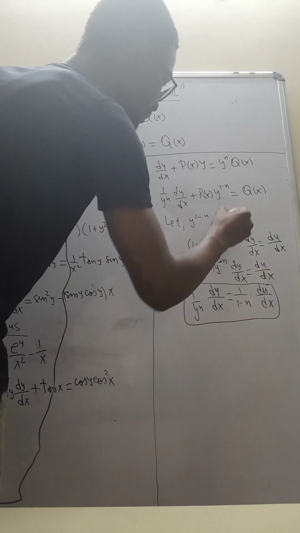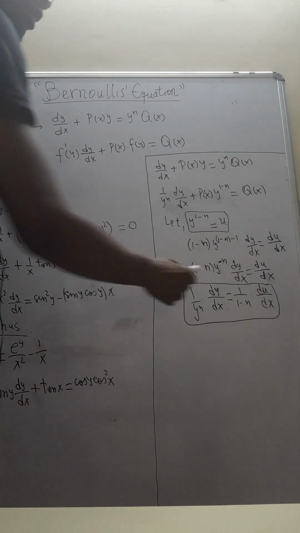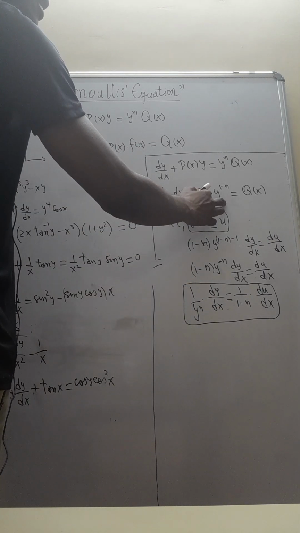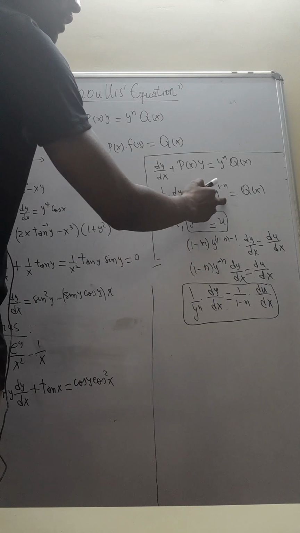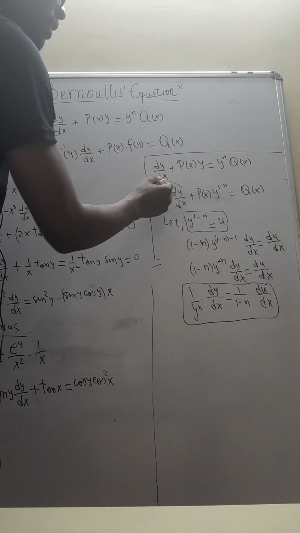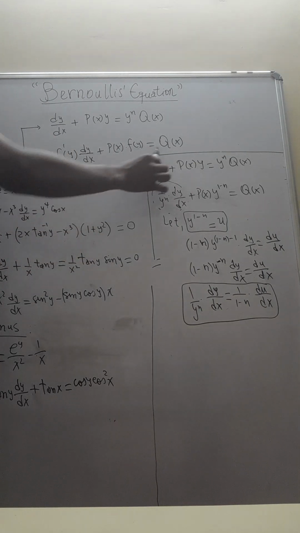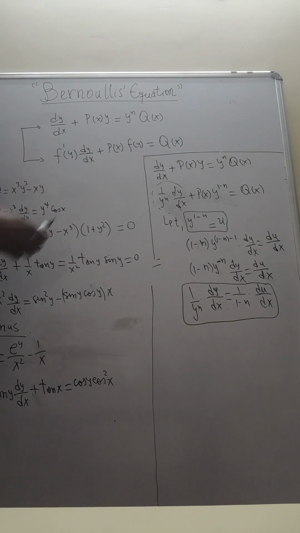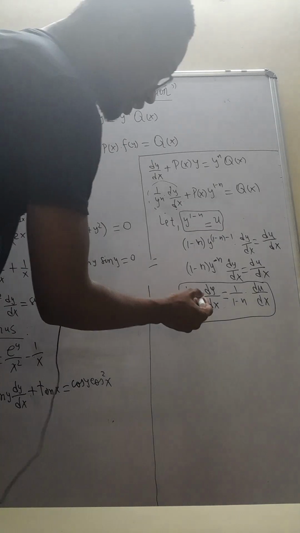Now see, by differentiating this term that is multiplying p of x, we got this expression here. So according to the general form of Bernoulli's equation, this equation can be reduced to a linear differential equation. That's why we do this.